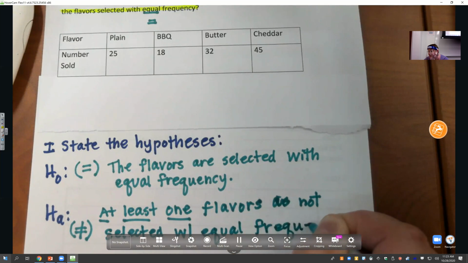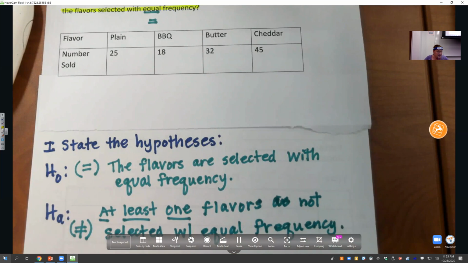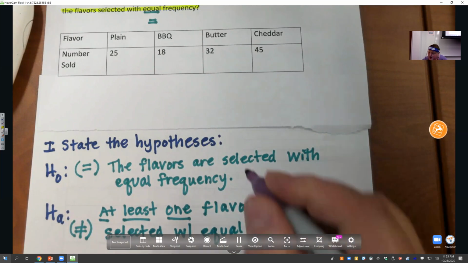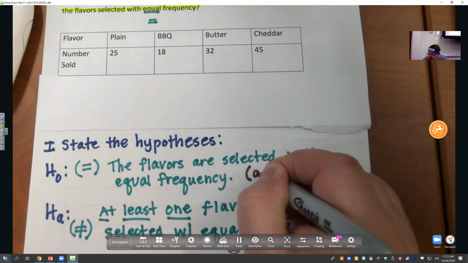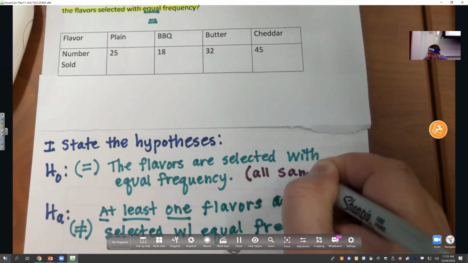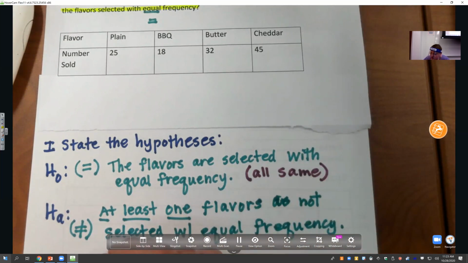We're trying to say that one of them is different. We're either saying, and again, I'll put little comments up here, that they're all the same, or they're all not the same.